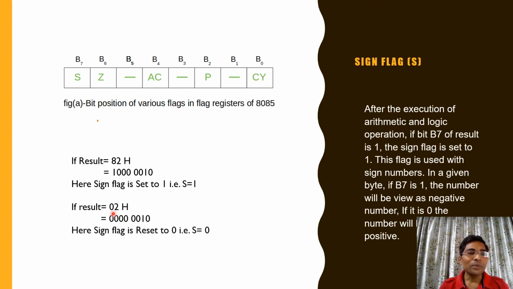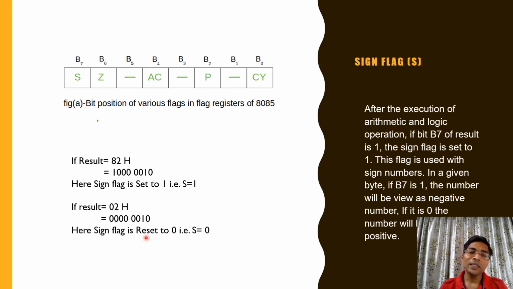In the second example, they are showing you 02. The 02 is converted into 4 zeros, and this 2 is converted into 0010. By looking at the last bit, bit B7 is 0, which means the number is a positive number. So here again the sign flag is reset to 0.